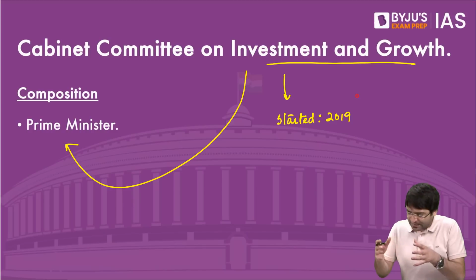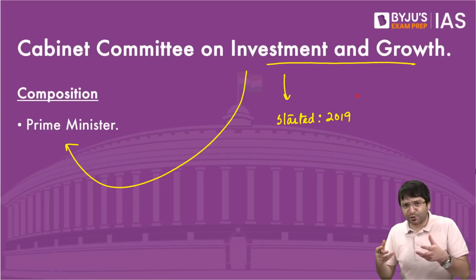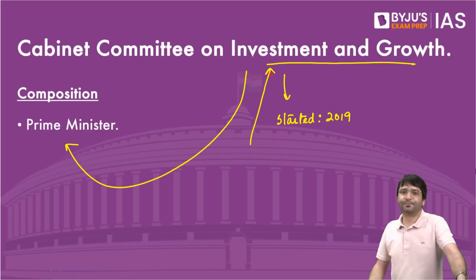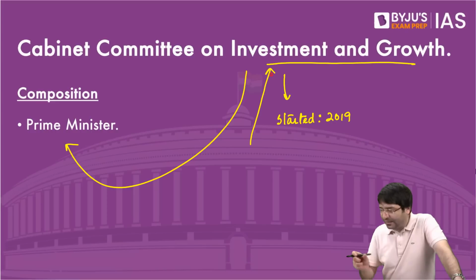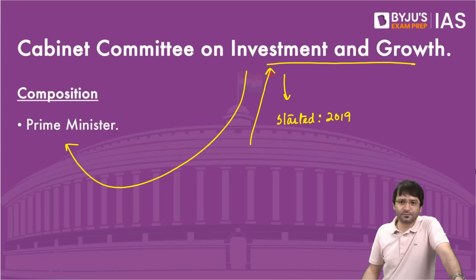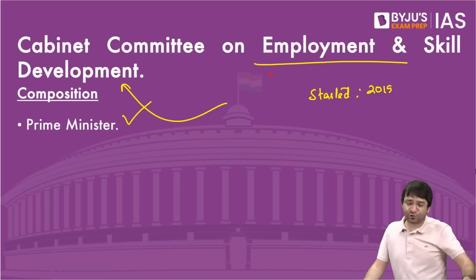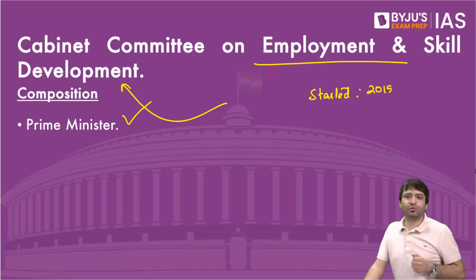All these ministers, they will come together and decide what are the steps that we should take so that we can get more investment into India. And this investment will ultimately lead to growth. What are the steps that we have to take to ensure that we provide skill development to our youth?